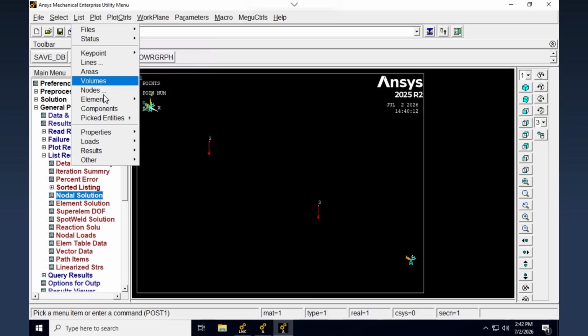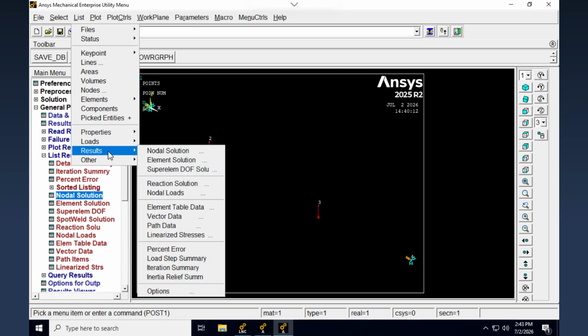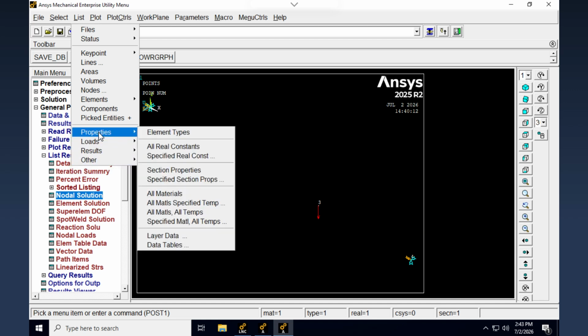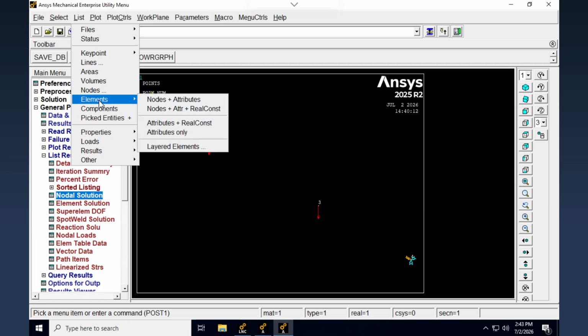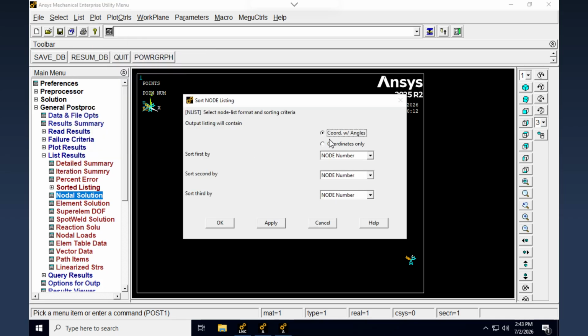Coordinate, nodes, properties, results, others. Yeah, okay, let's see what they are. I see elements. Okay, nodes.